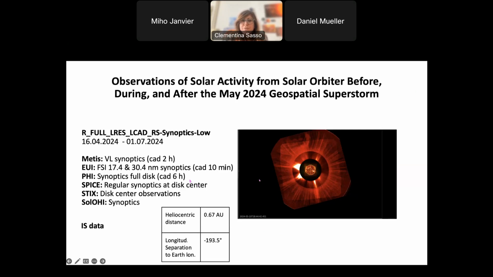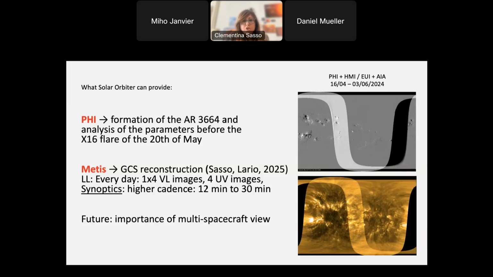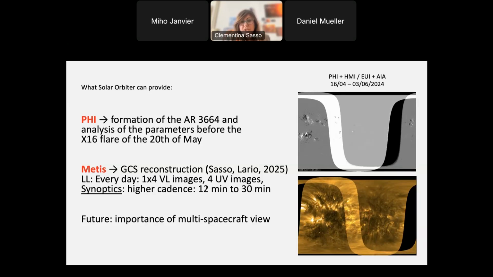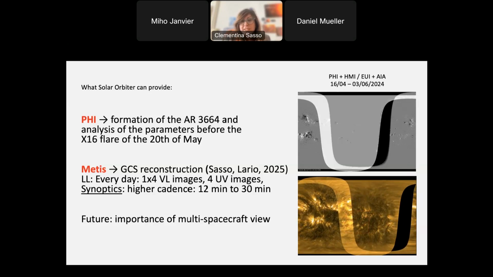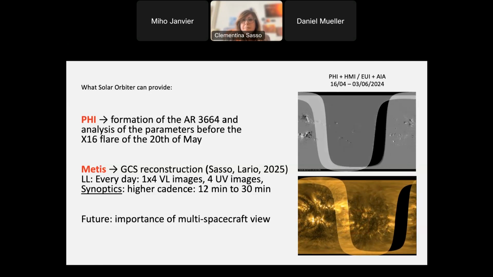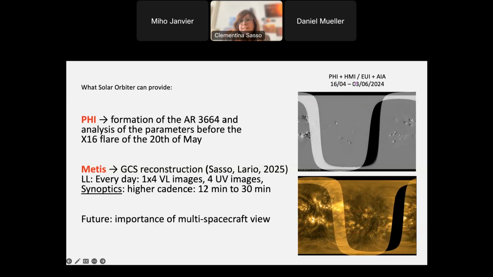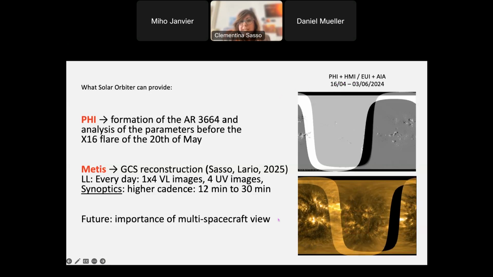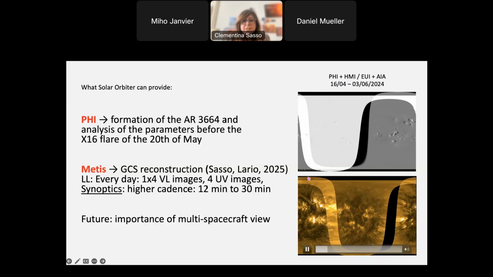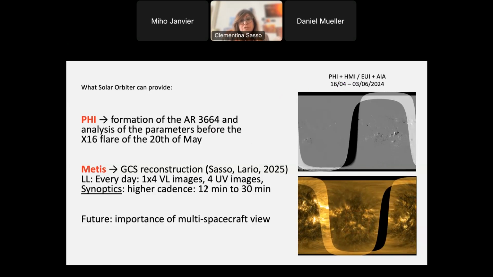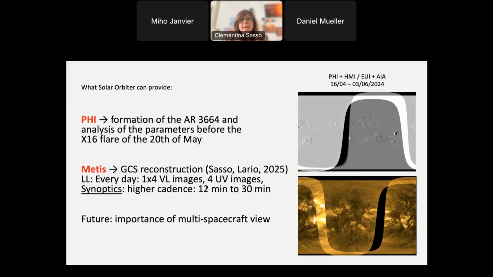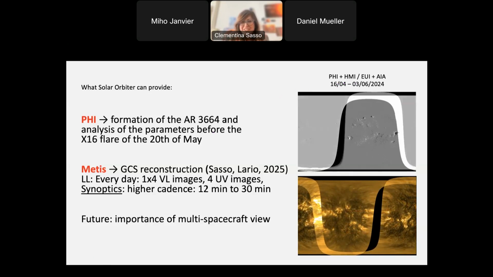So we were not really active on it, but still we showed that Solar Orbiter can contribute, and it was very important to have a spacecraft on the other side of the sun. Here I made maps of PHI and HMI, but also EUI and AIA, and you can see that we could follow the active region responsible for the super solar storm for 3 solar rotations.